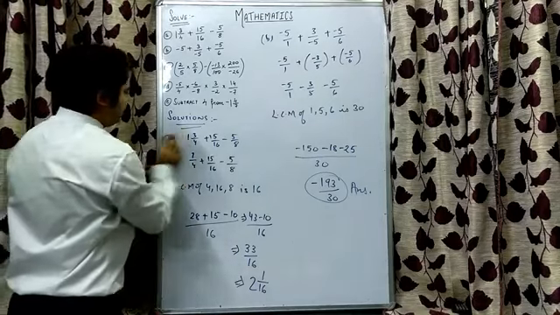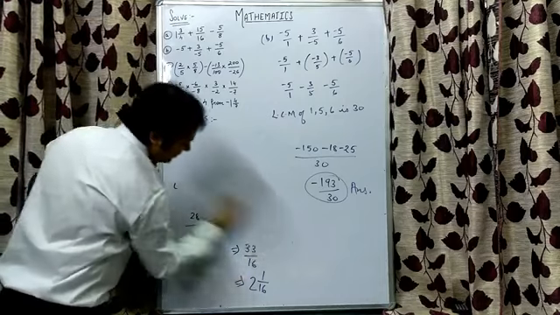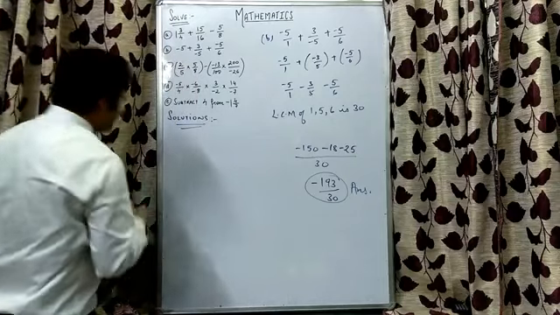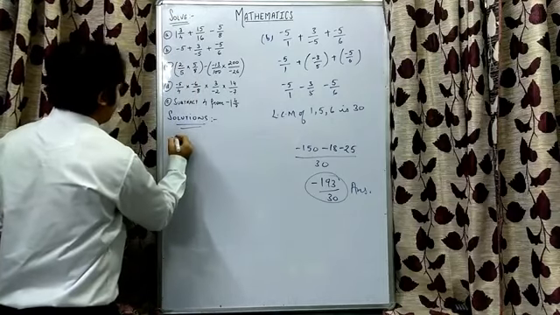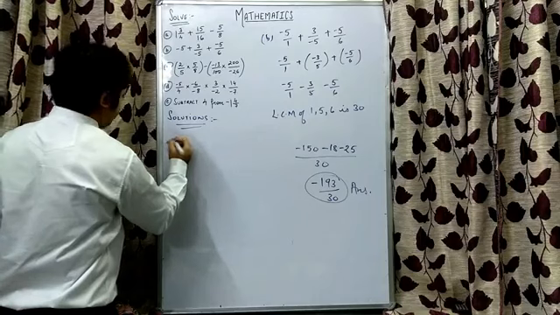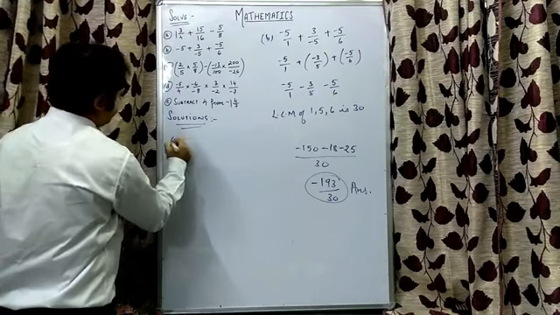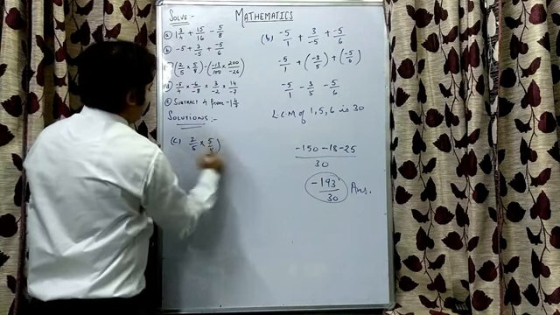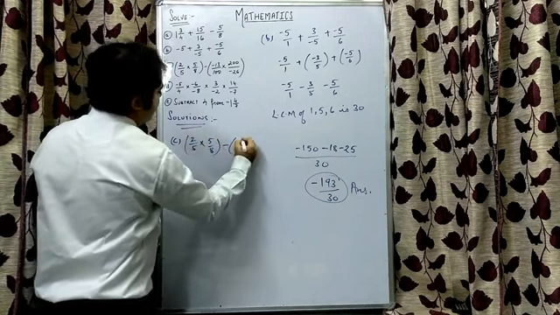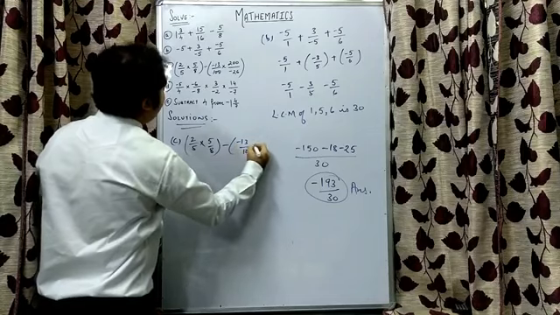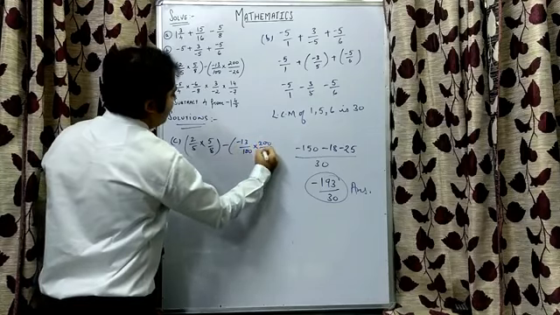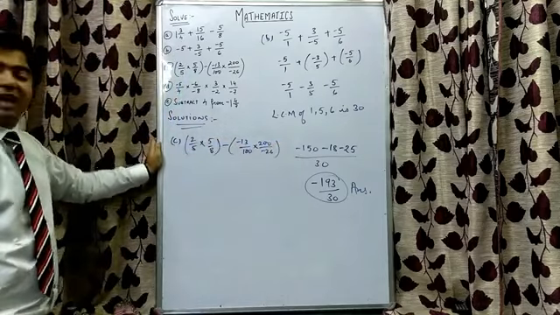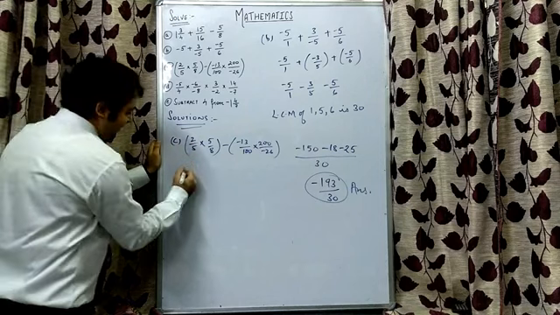Now the third one, that is part C. 2 by 5 into 5 by 8 in one bracket minus 13 by 100 into 200 upon minus 26. First we will see that each term is in standard form or not. 2 by 5, yes.